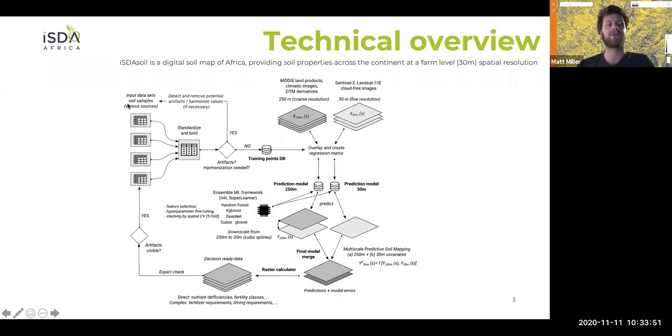We have input soil data from various sources collected at different times using potentially different protocols, so it's all a bit of a heterogeneous mess. We also need to make sure that the data is harmonized. For example, there might have been different protocols, different lab techniques used to measure the soil properties.